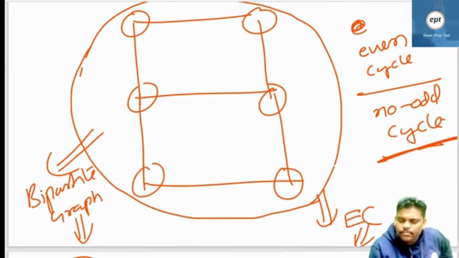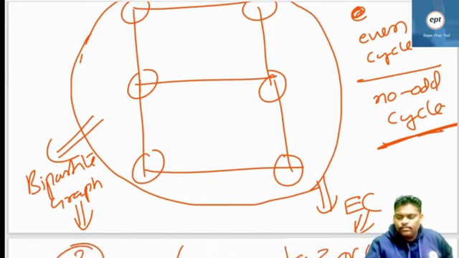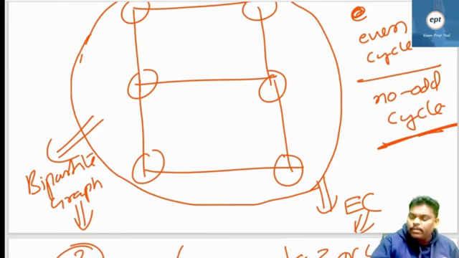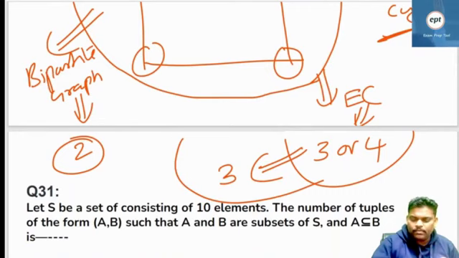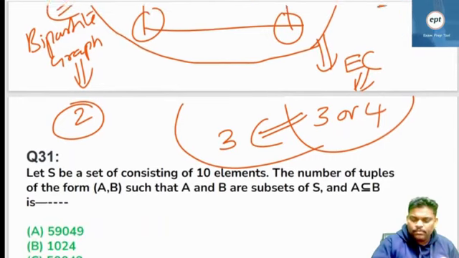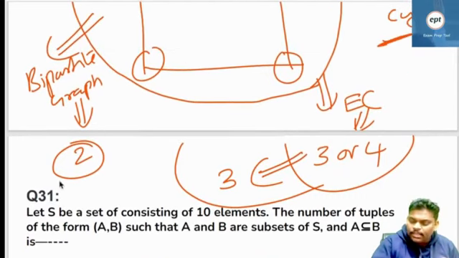For a bipartite graph, it is 3. The edge chromatic number is the maximum degree or maximum degree plus 1, only two answers, 3 or 4. But for a bipartite graph, it is 3. Right? Please take care. So I have done until 30.